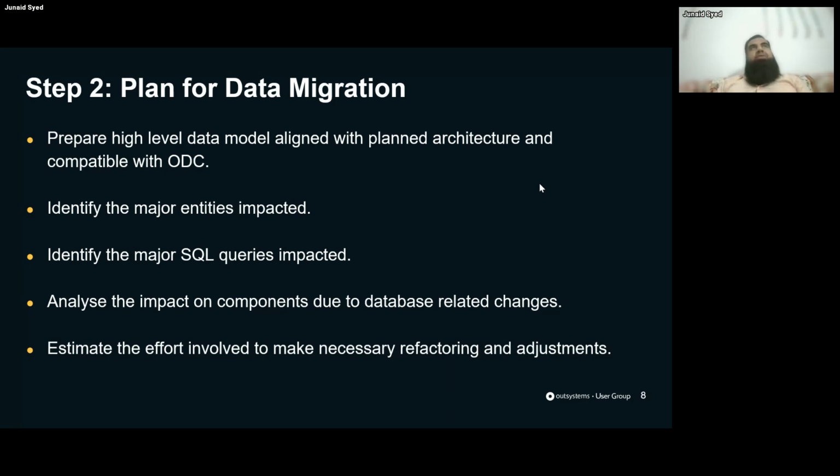although it's possible to keep the data model same as we have in O11, in my opinion, it's not a very good idea to stick to the same data model, because the way we organize our applications in ODC is very much different from the way it is in O11.